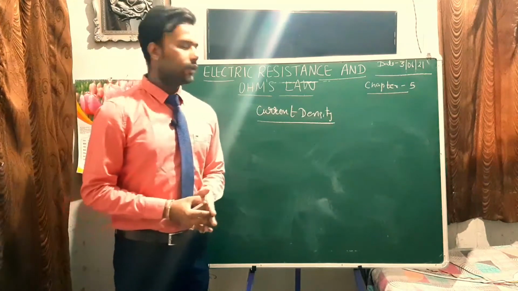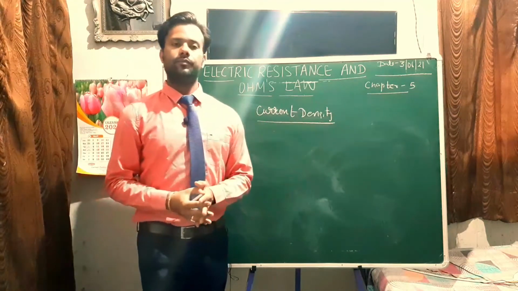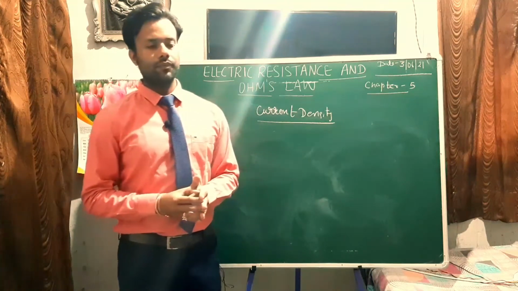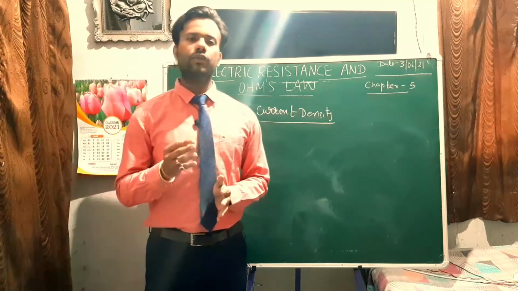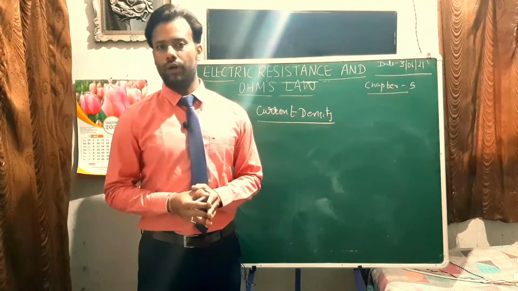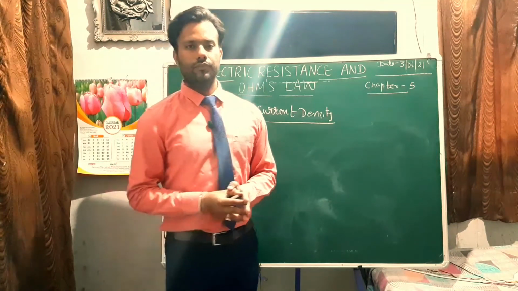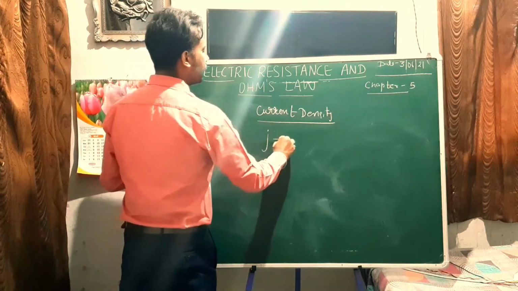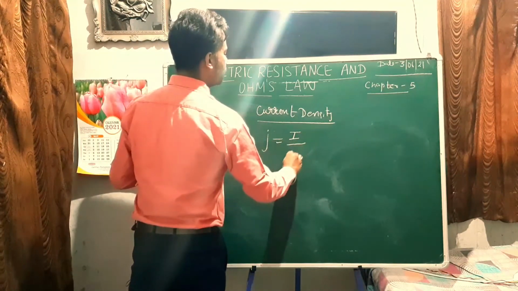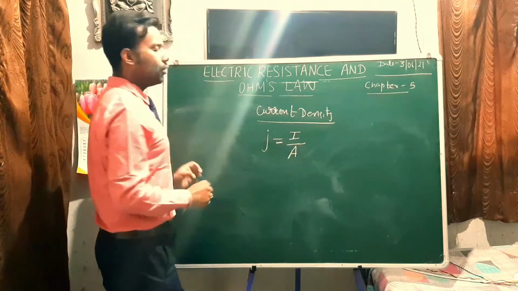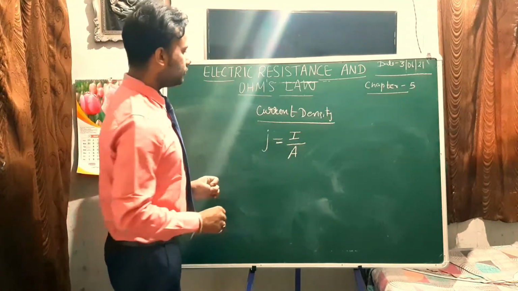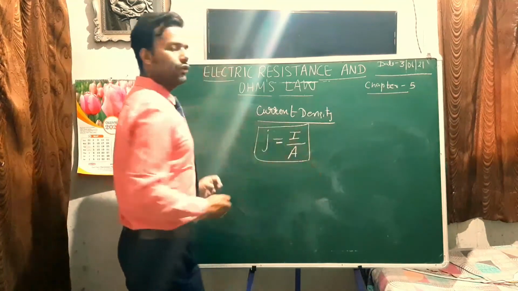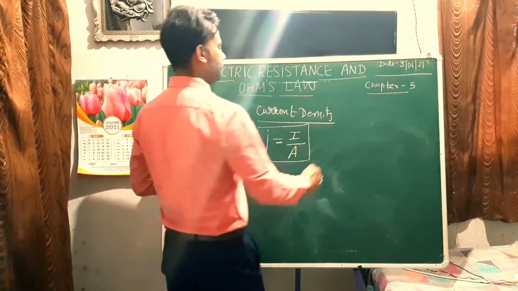The next topic is current density. Current density is basically defined as the current per unit cross-sectional area at any point. It is denoted by the letter small j, and j equals I upon A. What will be the unit of current density?